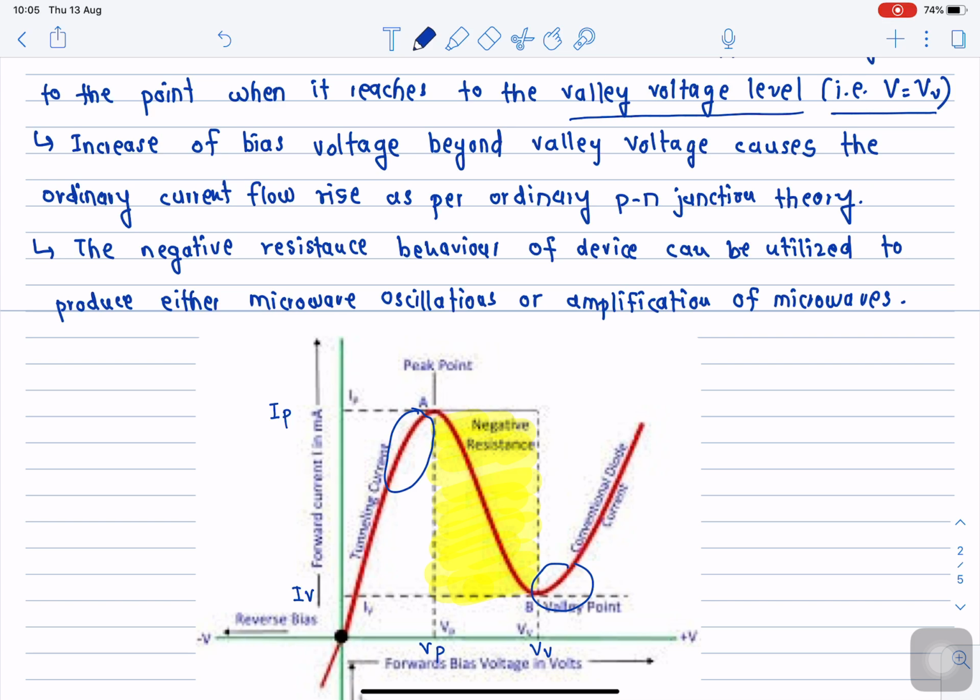Once the diode operates in this region, it can be utilized to produce microwave oscillations, as well as to amplify microwave signals. The application we will see later on. So this is what the negative resistance property of the tunnel diode is utilized for: either generation or amplification of the microwave signal.